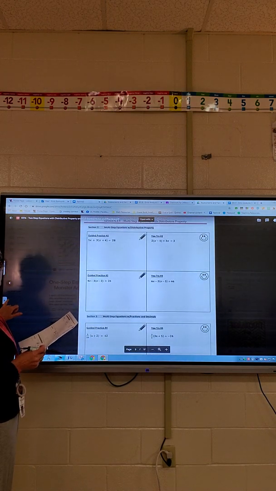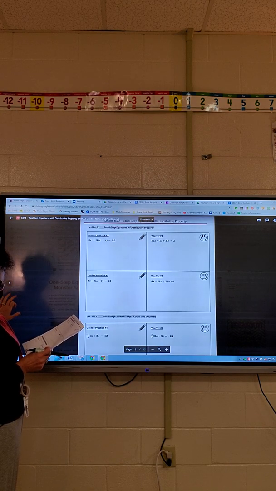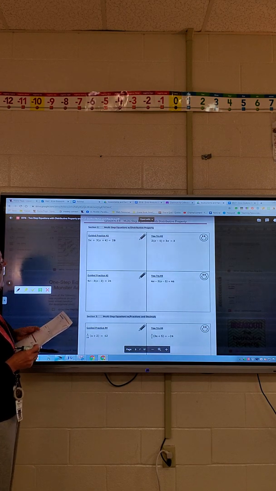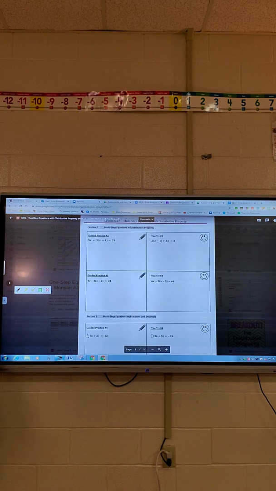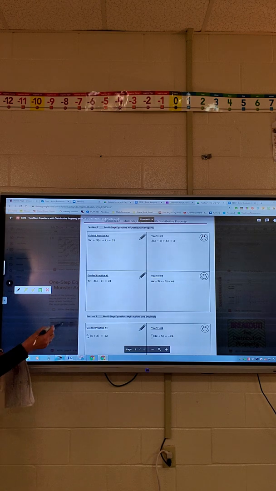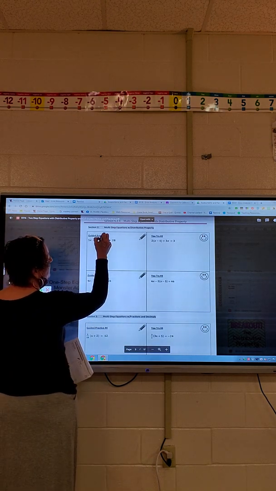On this one, on guided practice number 2, what is it that we've got to do? This doesn't look like a 2-step equation, does it? So what have we got to do? Before we can combine like terms, what have we got to do? We've got to do the distributive property because I see those parentheses right there, don't I? So I've got to distribute my 3x.